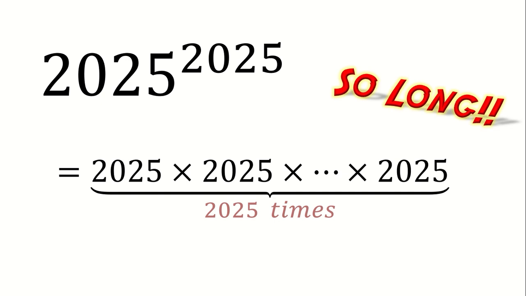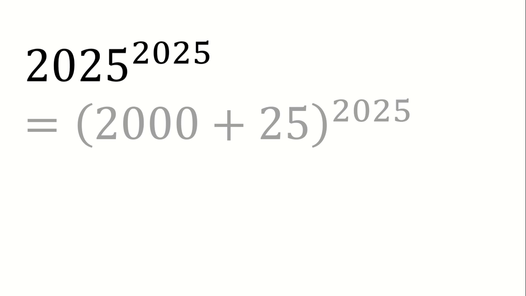We can use the binomial theorem. The binomial theorem says that we can write 2025 as 2000 plus 25, all to the power of 2025.